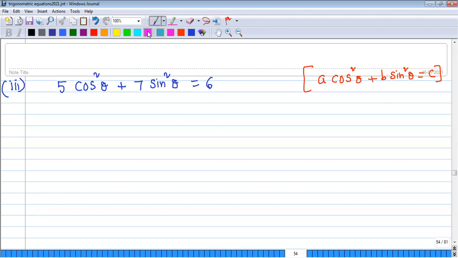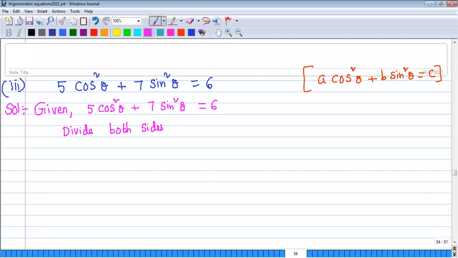Okay, let us do it now. Given 5 cos square theta plus 7 sin square theta equal to 6. Divide both sides by cos square theta.